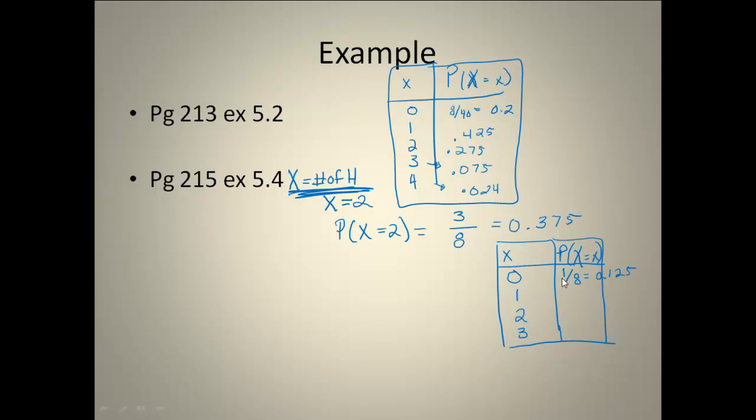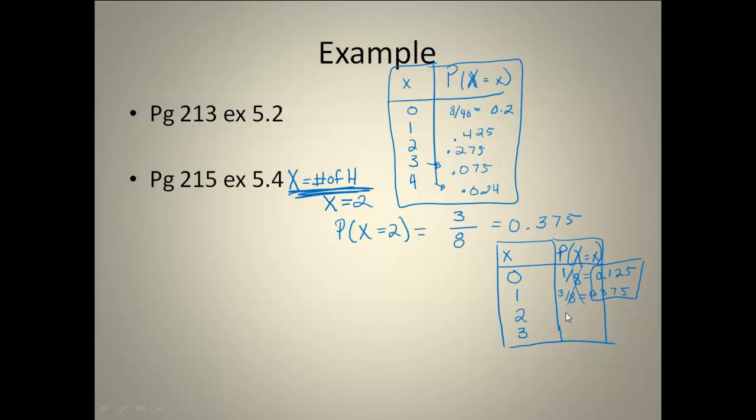Now the number of different ways that we can get exactly 1 head is 3. It could come first, it could come second, or it could come last. So we're going to have 3 out of 8 ways, which is equal to 0.375. Now when you're doing your probability distribution, you actually only need the decimal portion of it. You don't have to have the fraction, but I'm just showing you where these decimals came from.